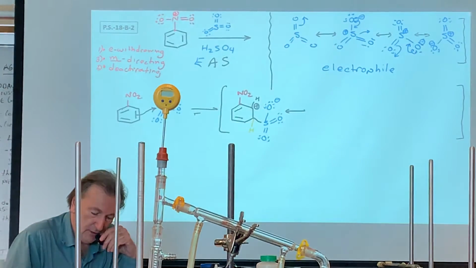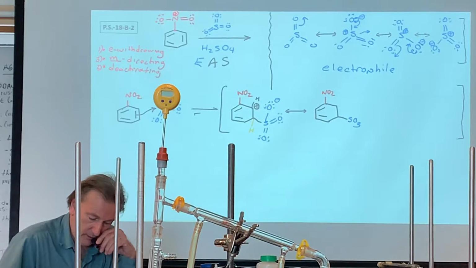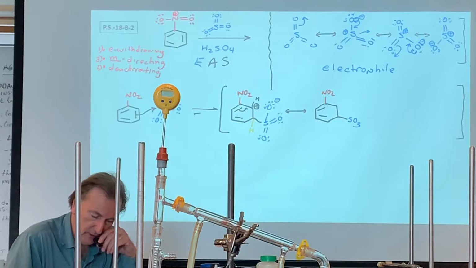Okay, so let's do the resonance here. All right, and now for simplicity, I will still keep the NO2 collapsed. And I will just say here SO3, just look at the resonance structure. And again, so this goes over here.